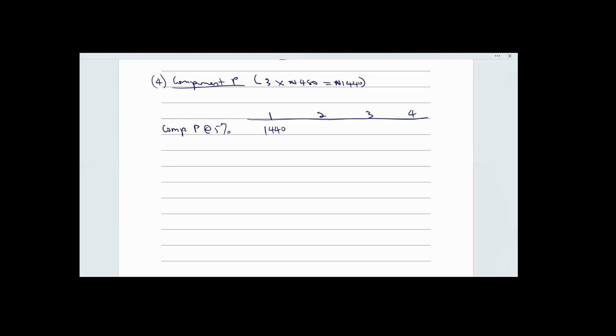What do you get? 1512. What you have in your calculator multiplied by 1.05: 1588. Multiplied by 1.05: 1667.